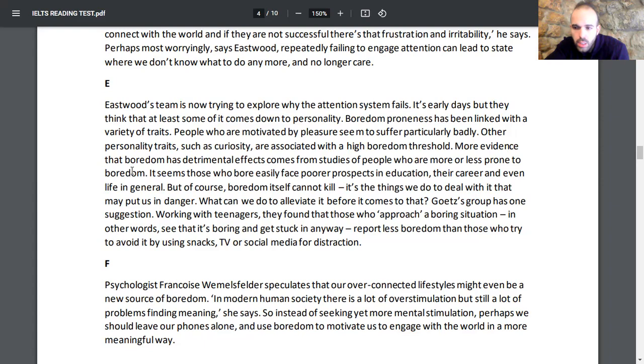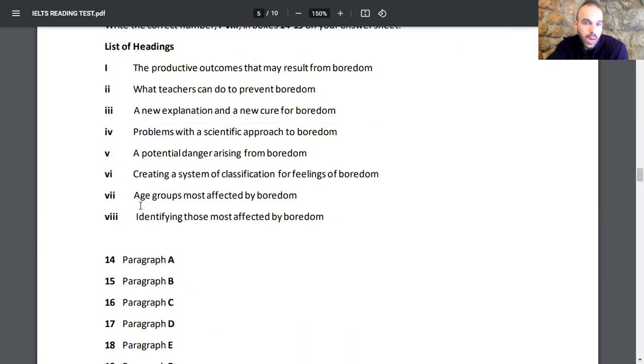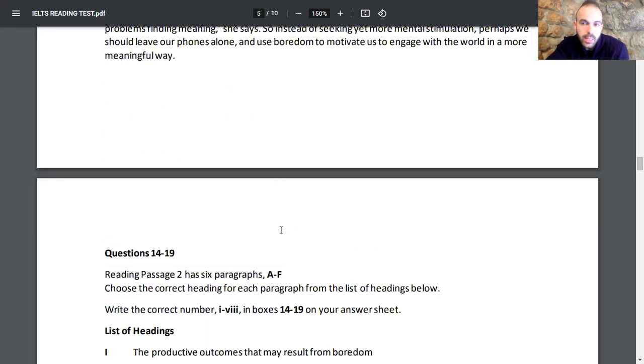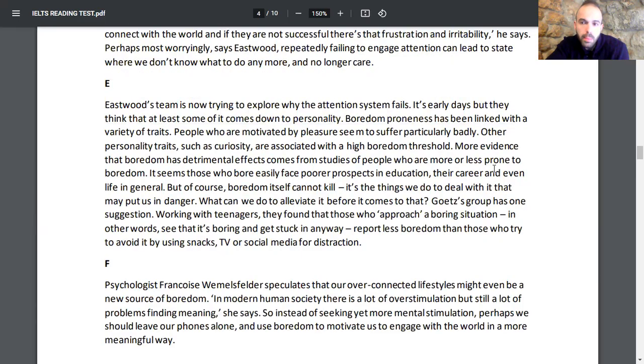So it's quite easy to say that paragraph E is matching with answer number 8, which is here, identifying those most affected by boredom. It's quite easy, by the way. And what is the meaning of prone to? I told you, prone to means exposed to or affected by.